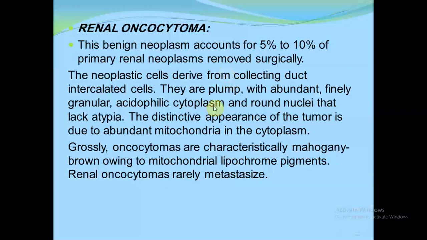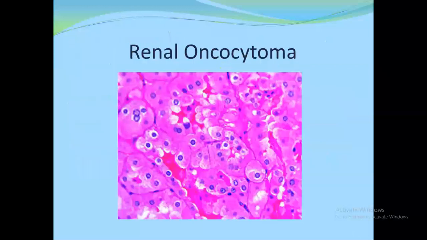Surgical removal is adequate and curative for the patient. Because it is benign, it is important to differentiate between renal oncocytoma and chromophobe carcinoma, which is a type of renal cell carcinoma, because treatment differs and prognosis differs.